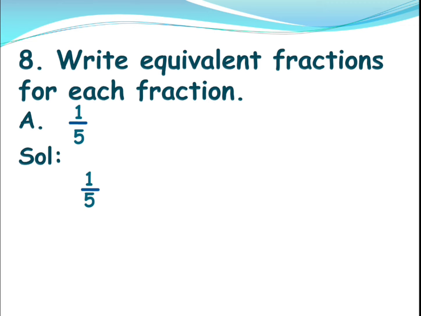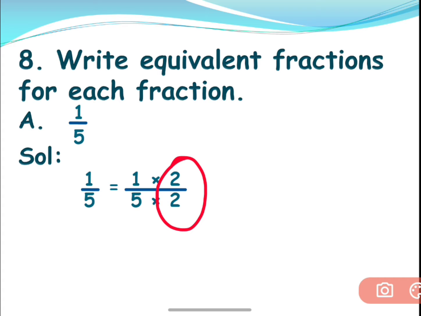For example, if you take 2, so 2 should be multiplied in numerator as well as in the denominator, like 1 into 2. And the same 2 I'll multiply in the denominator, that is 5 into 2. Now can you see this is same number, isn't it? That means a number is multiplied to numerator as well as to the denominator. Then you will get the equivalent fraction.